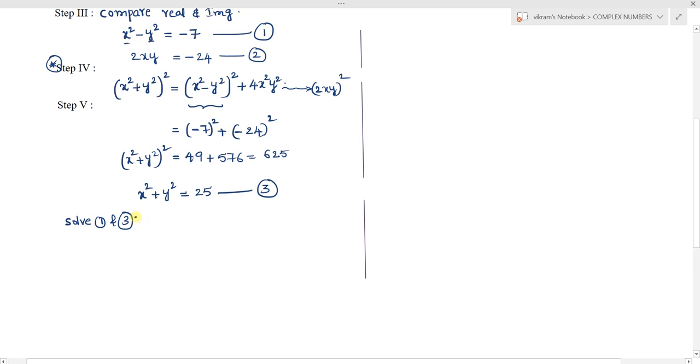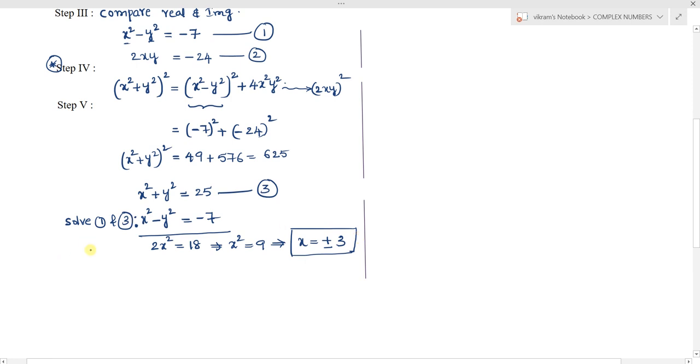Writing equation 1 as x square minus y square equals minus 7 along with equation 3, if I solve, I get 2x square equals 18, then x square equals 9. That implies x equals plus or minus 3.